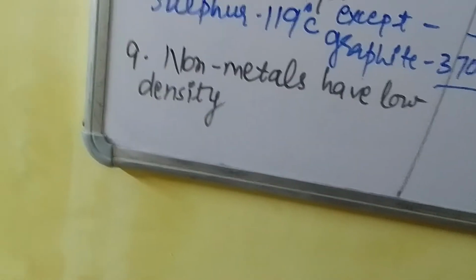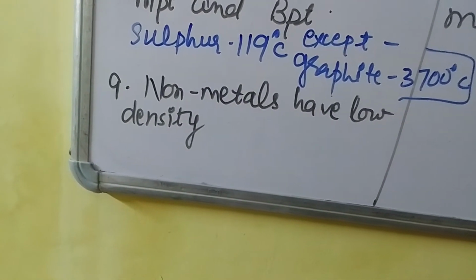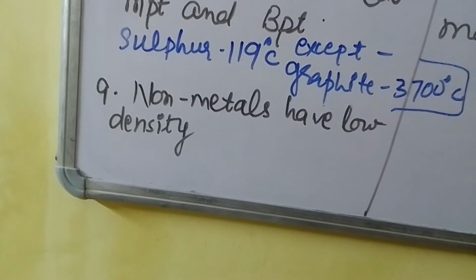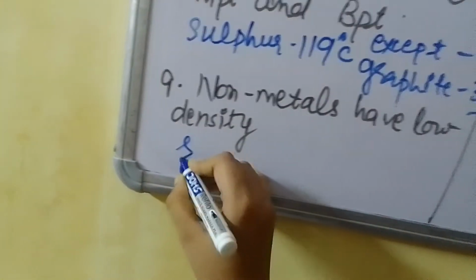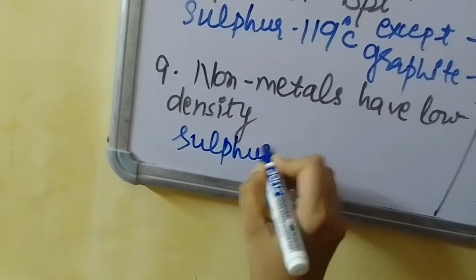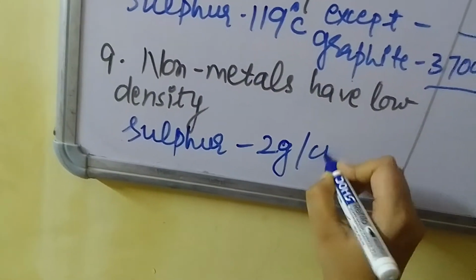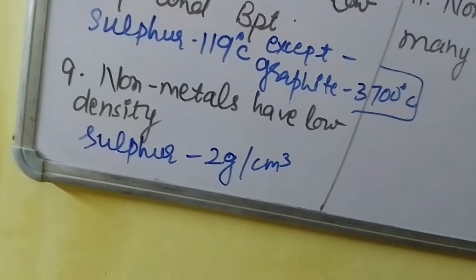So let's talk about another property. Non-metals have low density because non-metals are light substances. Like sulfur, the density of sulfur is 2 grams per centimeter cube. But there is an exception, which is iodine.